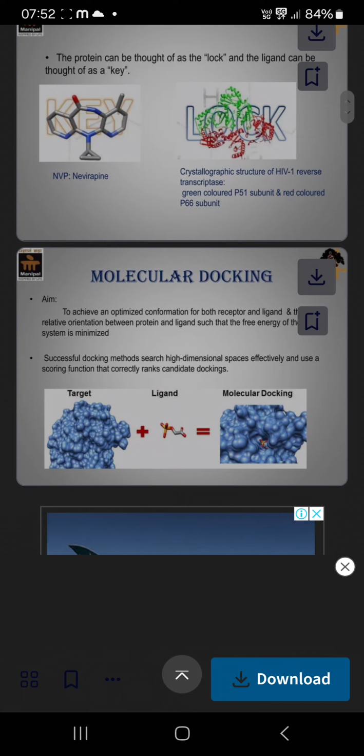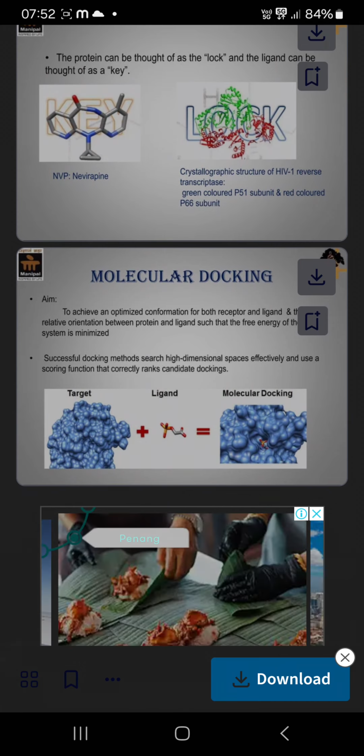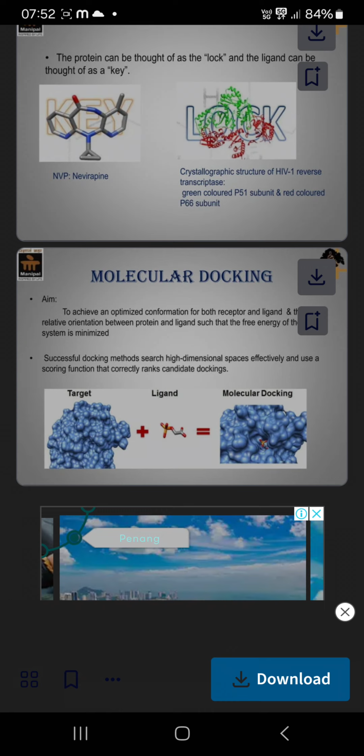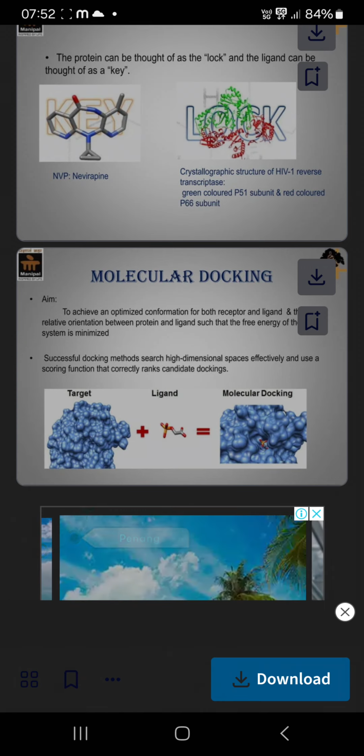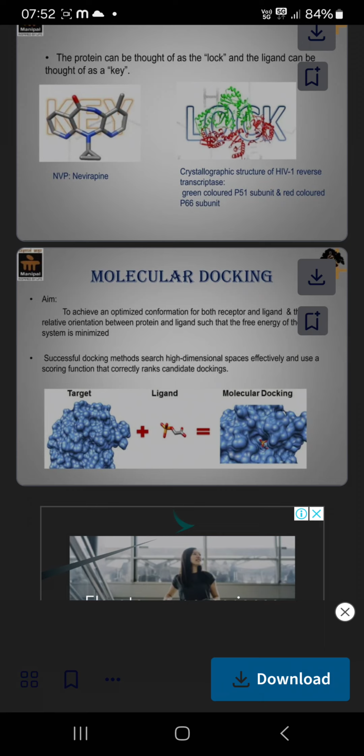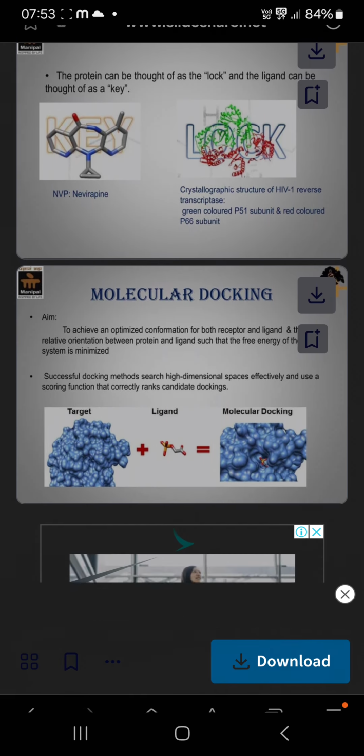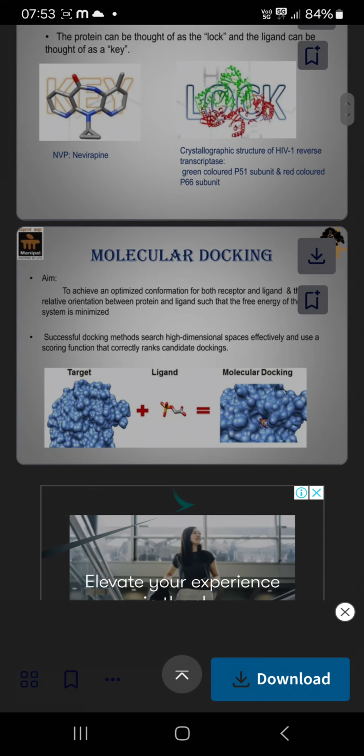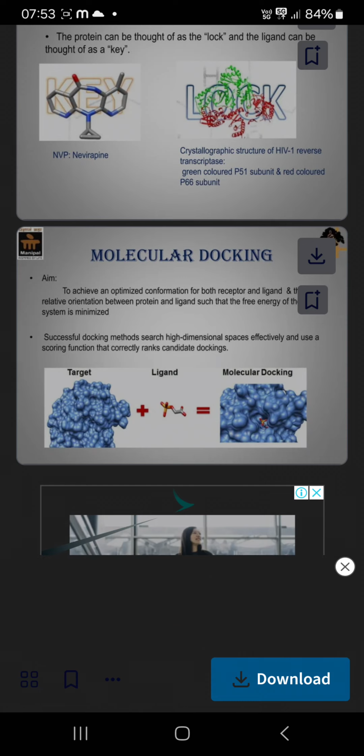Now molecular docking. The aim is to achieve an optimized conformation for both receptor and ligand, and a relative orientation between protein and ligand, such that the free energy of the system is minimized. This is the target. Successful docking means the methods search high dimensional space effectively, use a scoring function, and correctly rank candidate dockings.